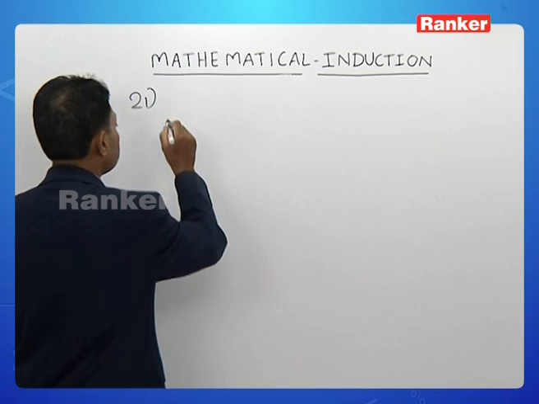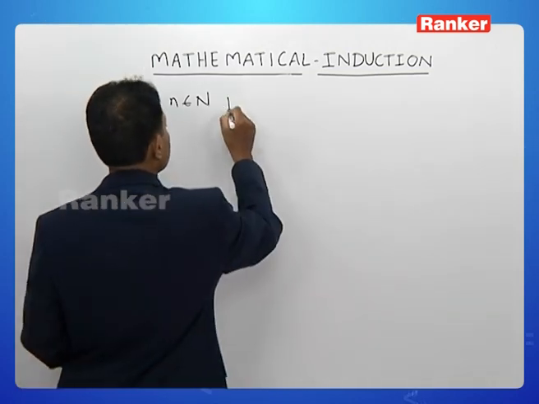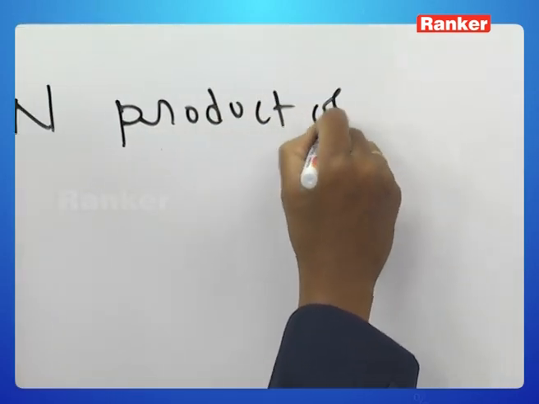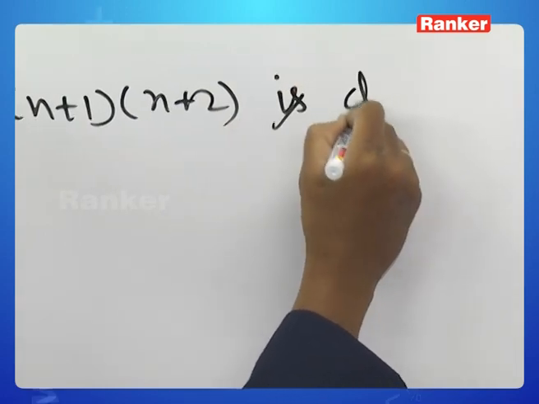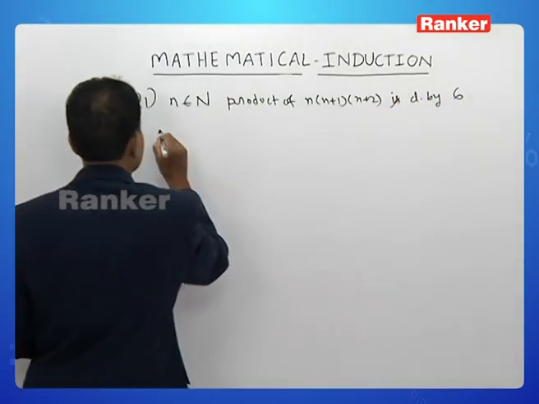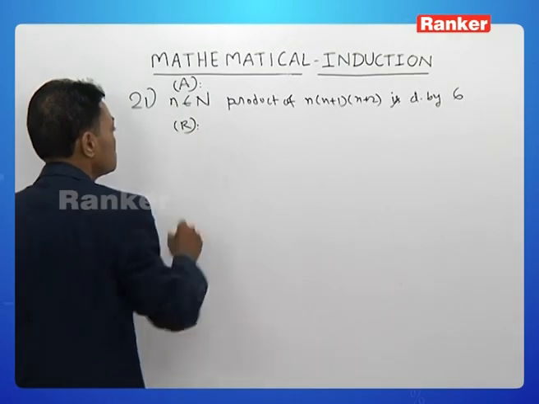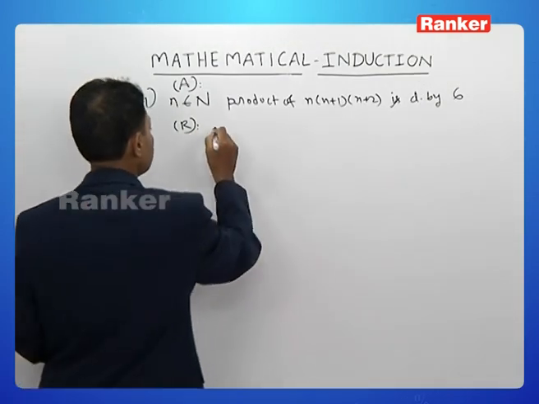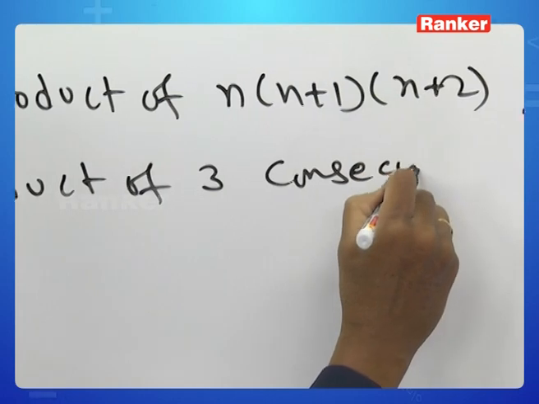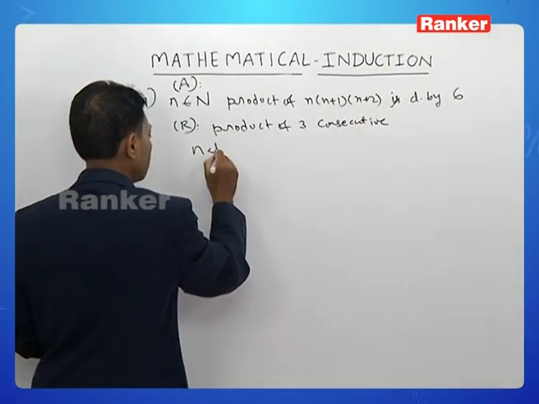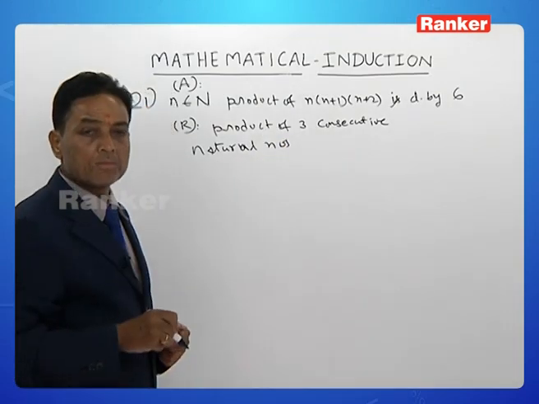So, let us see. n belongs to N. The product of n into (n plus 1) into (n plus 2) is divisible by 6, and this is given under A. Now, the reason: the product of 3 consecutive natural numbers is divisible by 3 factorial.